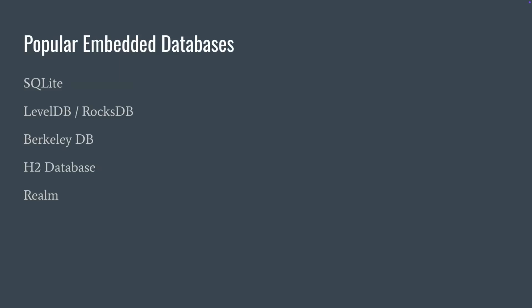Moving on to popular embedded databases. There are numerous embedded database solutions available, and each solution has its own strengths and specializations. We're going to look at a few leading options. First is SQLite. It's probably by far the most widely used embedded database, especially on mobile devices.